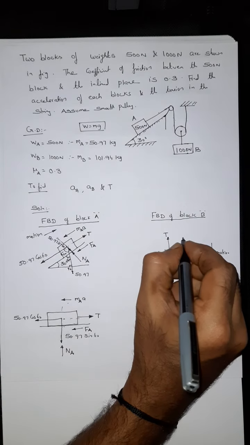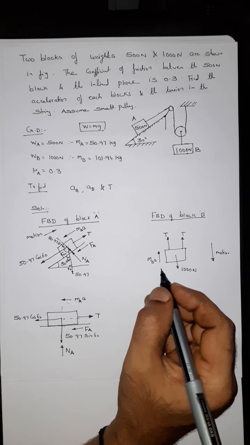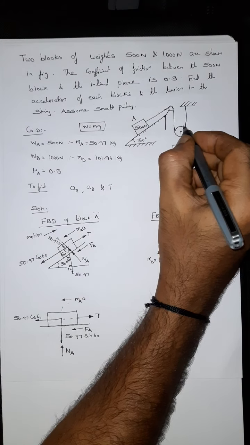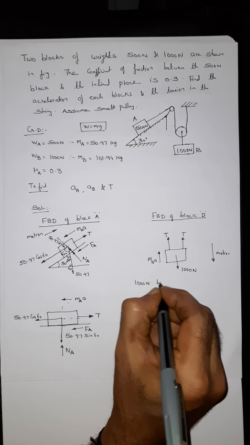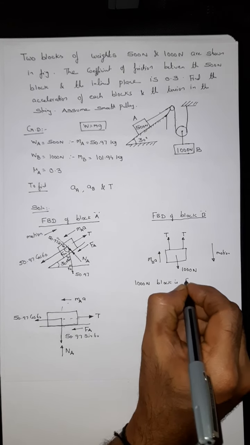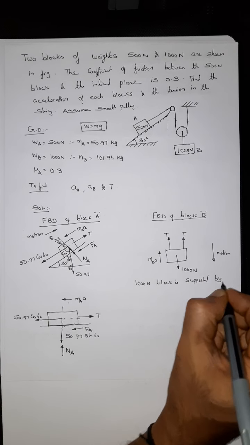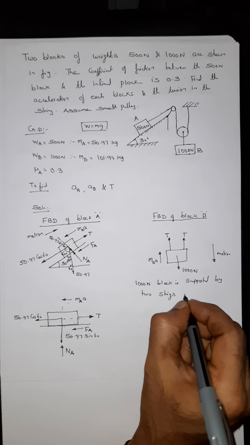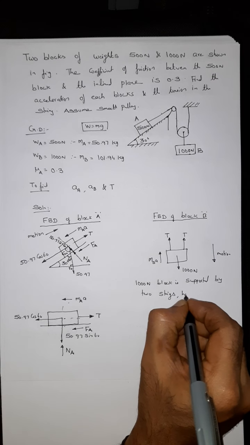Two strings are there, so it's two times the tension. Then what about this acceleration? This pulley is supported by two strings, right? This 1000 Newton block is supported by two strings, in other words, a string on either side of the pulley.